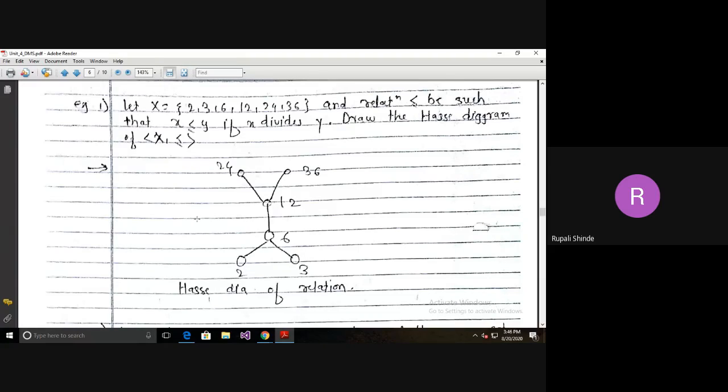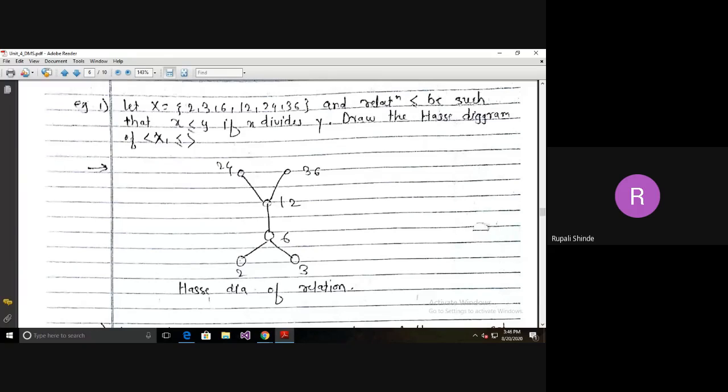So consider the first element, that element is 2. It should be represented by a circle. Then the next element is 3. Now there is no relation between 2 and 3 because 2 can't divide 3. That's why we have to consider 3 as a separate element, and again that should be represented by another circle. Okay. Now consider the next element, and that element is 6.